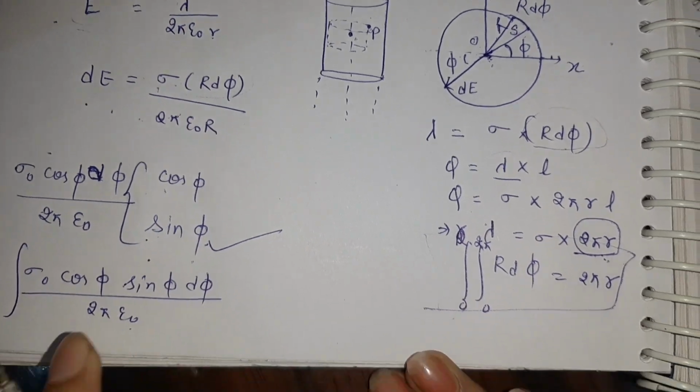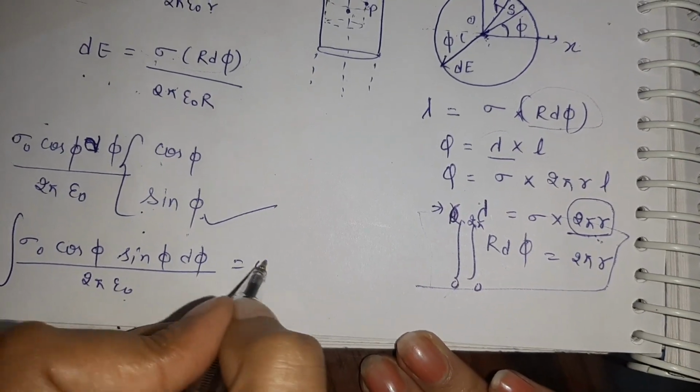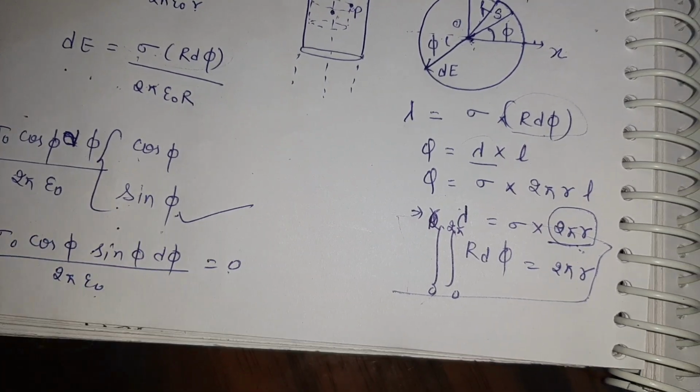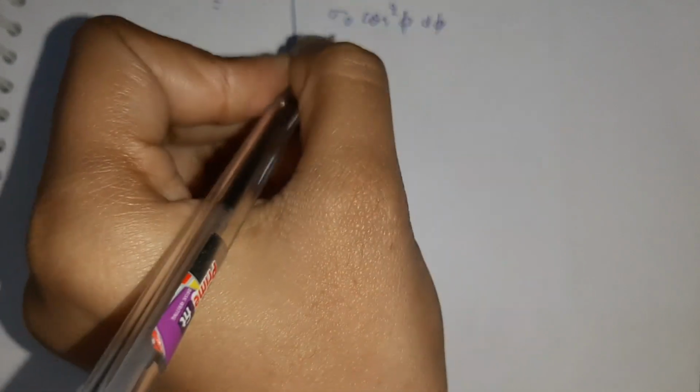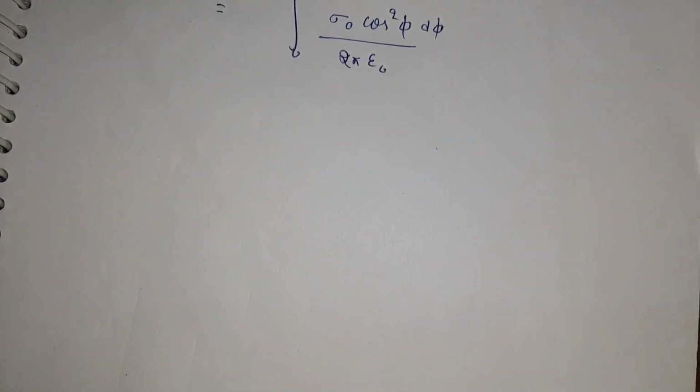If I integrate this part, we will get the resultant value equal to 0. But if I take the other component, that is the cos component along the OX direction, I will get the integral from 0 to 2 pi of sigma naught cos square phi d phi by 2 pi epsilon naught, right? It is that simple.